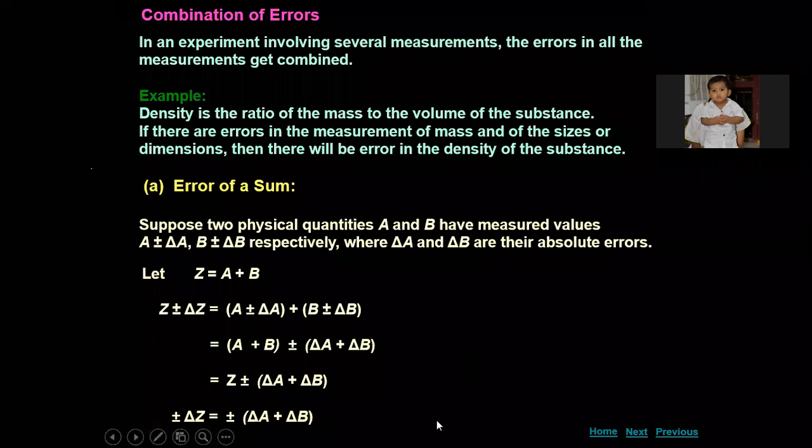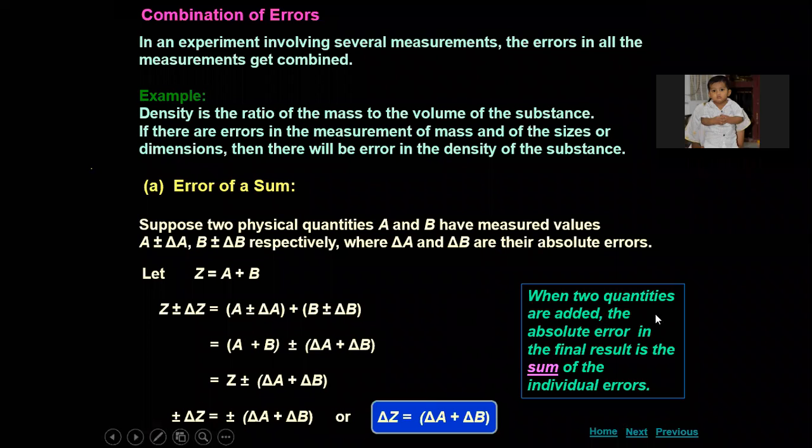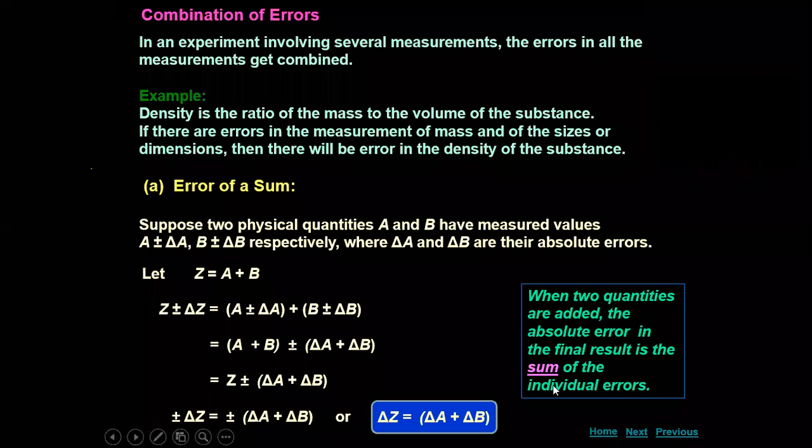So what can we generalize from here? Delta Z is equal to delta A plus delta B in general. If we conclude this, when two quantities are added, the absolute error in the final result is the sum of the individual errors.